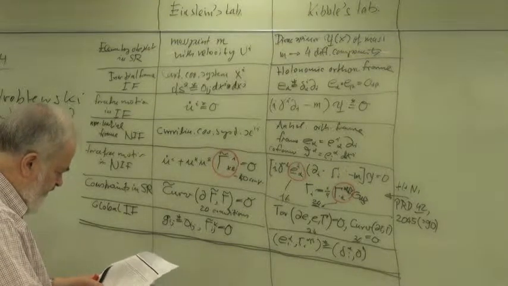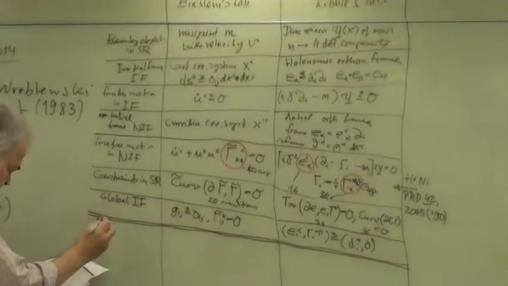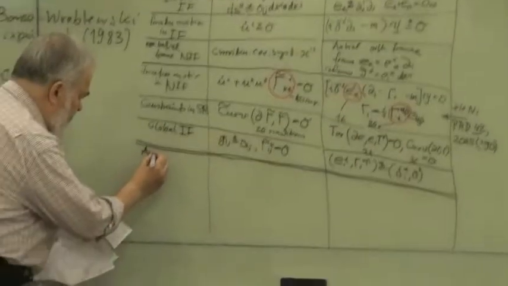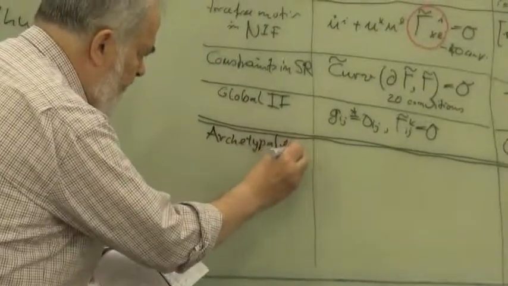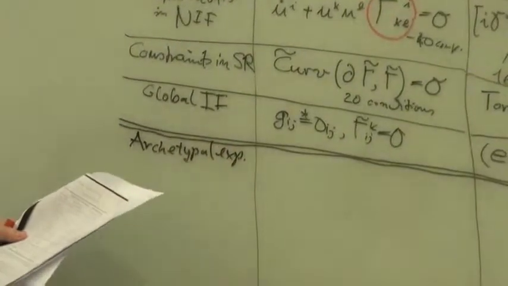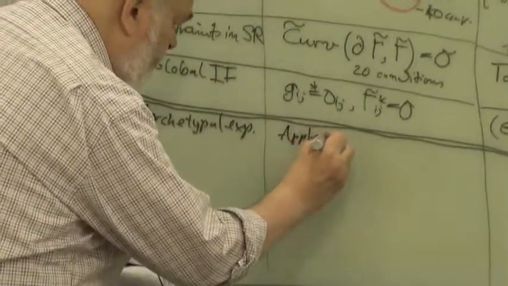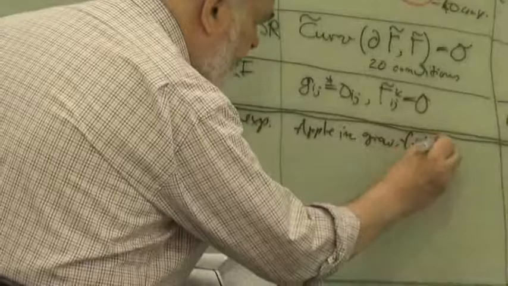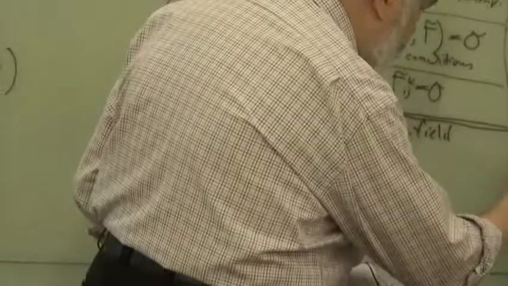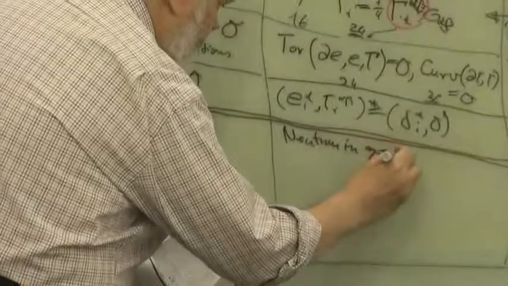Okay, now usually here I have the archetypal experiment. This is just an apple in a gravitational field. This is Newton, of course. And here you have a neutron in a gravitational field.